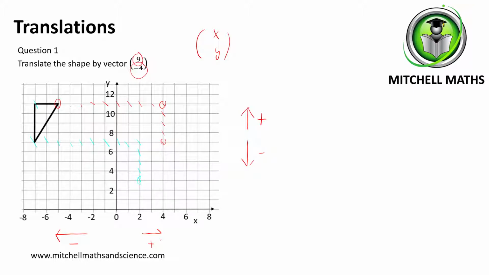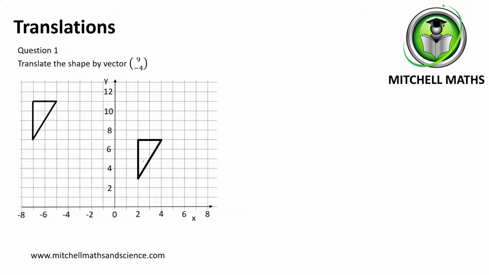So therefore it's here. Now we don't have to put all the marks in, I'm just marking it like this so you can see it more easily. And then you can see that this corner here would end up here. And then you draw the triangle and it'd look something like that.